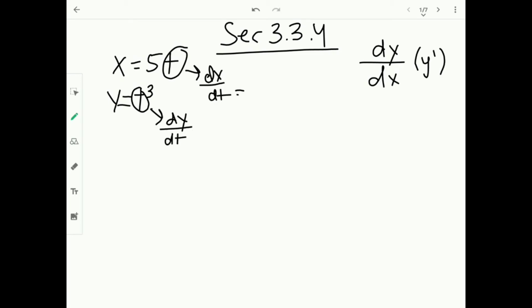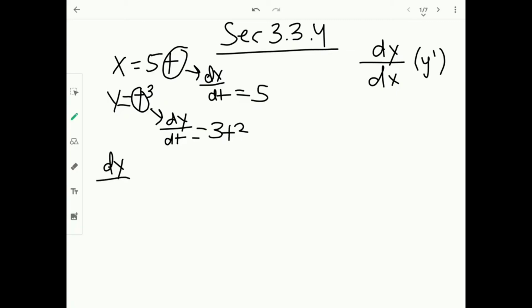For this, we just have to use normal simple differentiation. Assume that t is your variable, so it's 5, and this is 3t squared. Pretty simple.